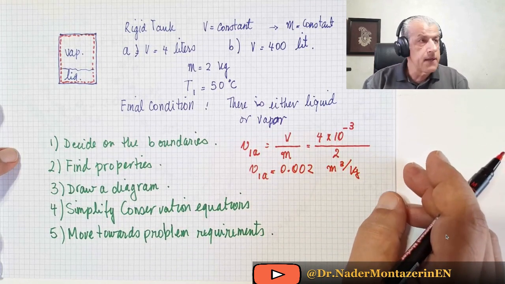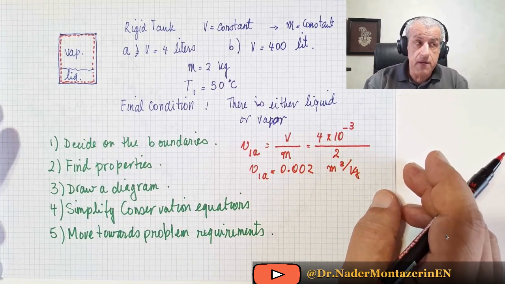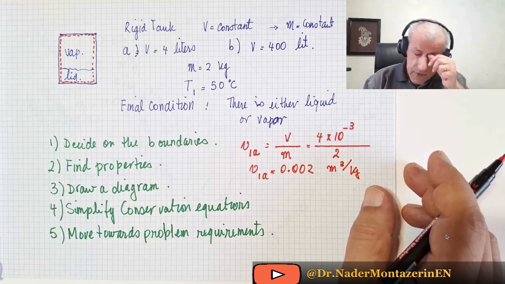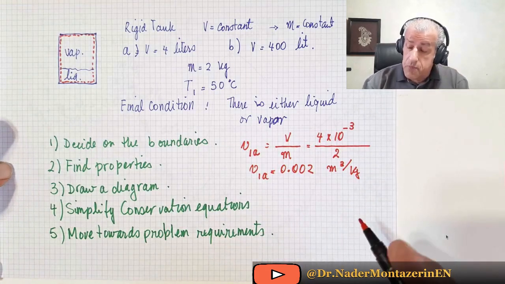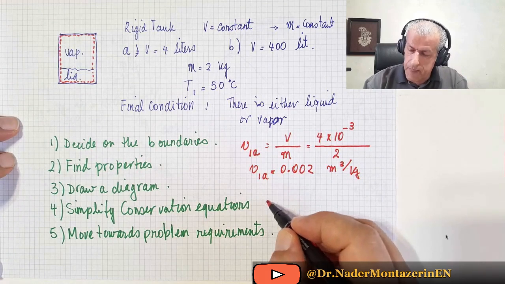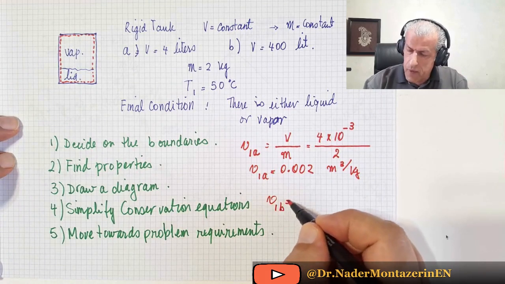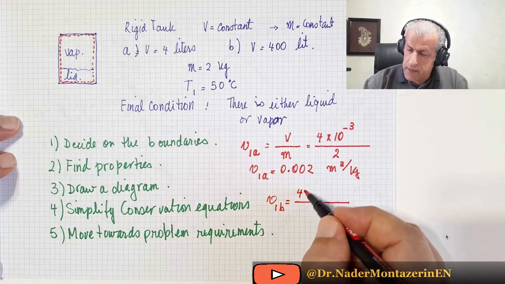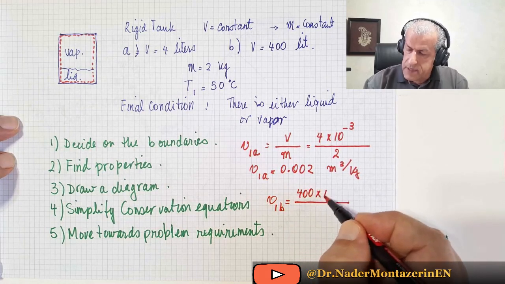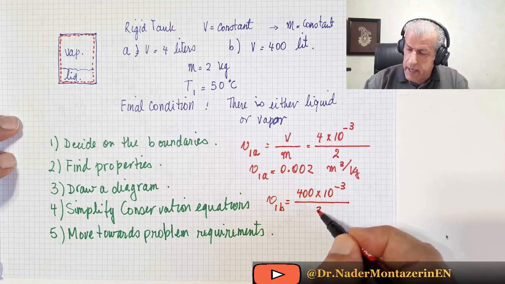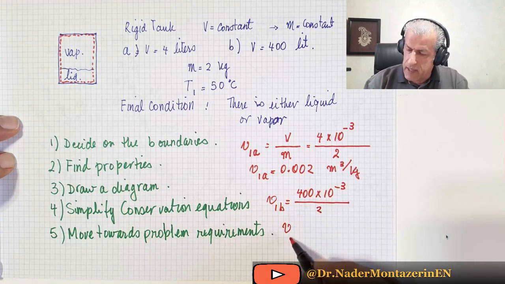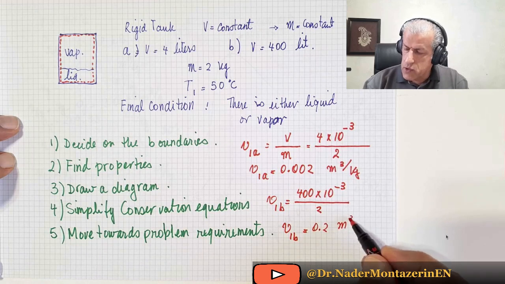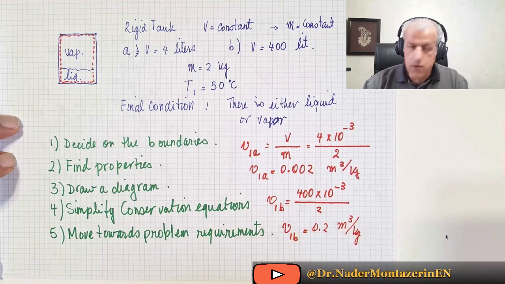That's the initial specific volume. What happens to V1B? V1B would equal 400 times 10 to the minus 3 divided by 2. And therefore, V1B would be 0.2 cubic meters per kilogram.